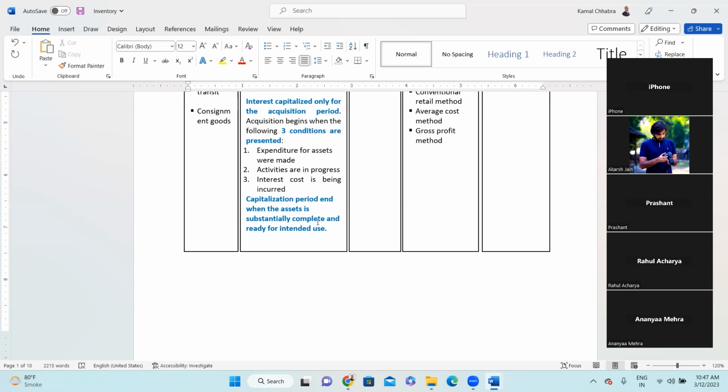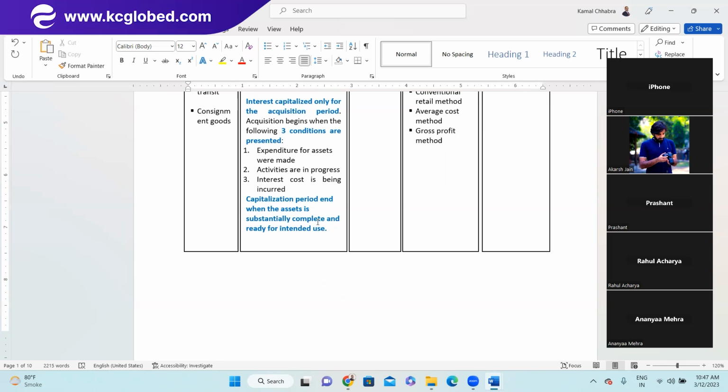Construction is in progress, so the second condition is also met. And third, interest you have already started paying. So all three conditions are met, hence you can capitalize that interest or load that interest to the inventory. Make sense? The same example which we have discussed.